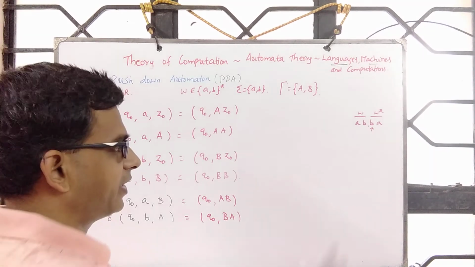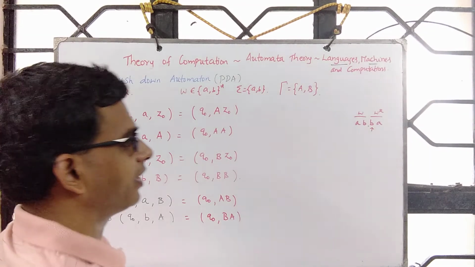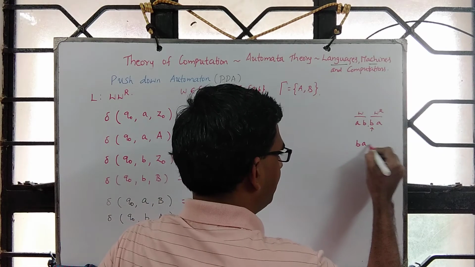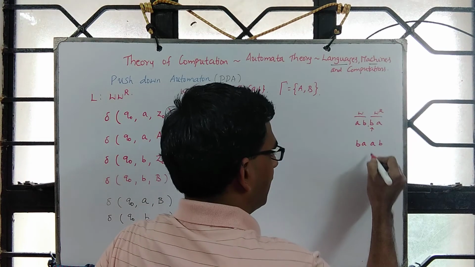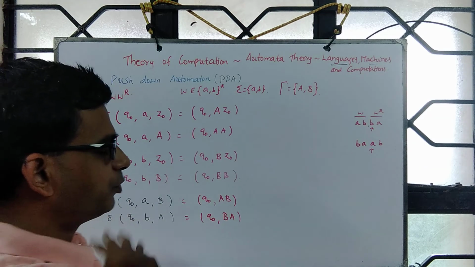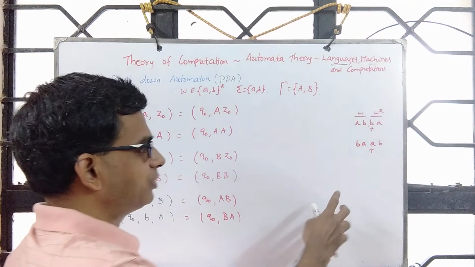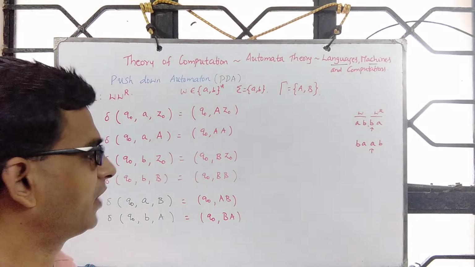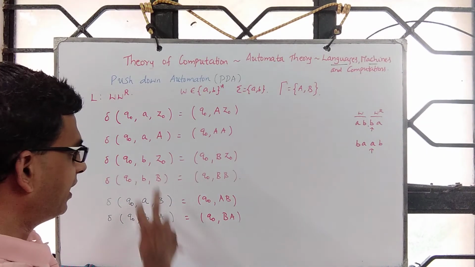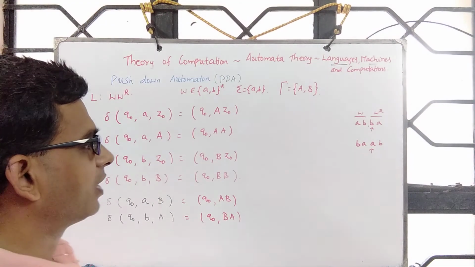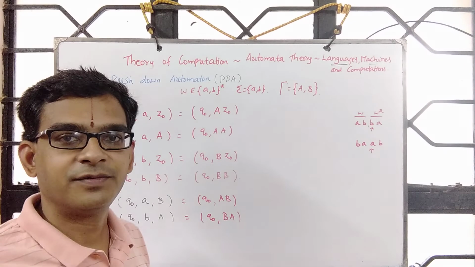Correct? On similar lines, look at BAAB. At this point in time, one branch will tell you push, but the other branch should tell us to start performing pop. So how will we bring that? And that will naturally bring non-determinism. Fine.